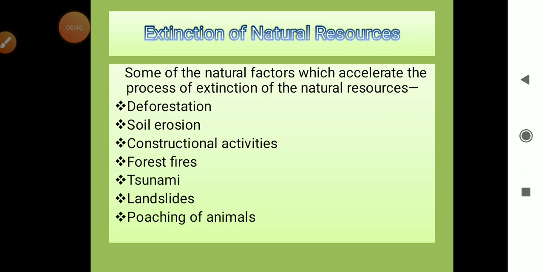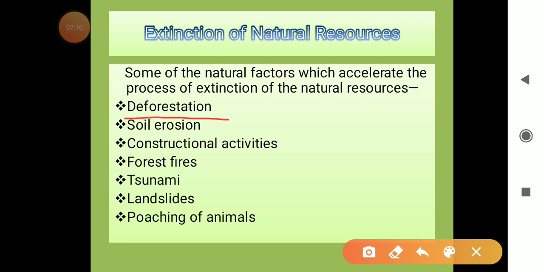So, next, let us move to the extinction of natural resources. Some of the factors which accelerate the process of extinction of the natural resources are: number 1, deforestation.